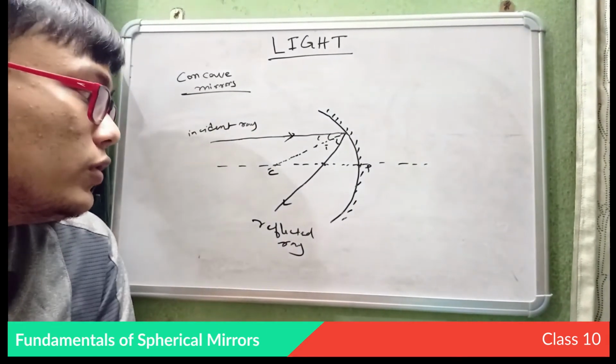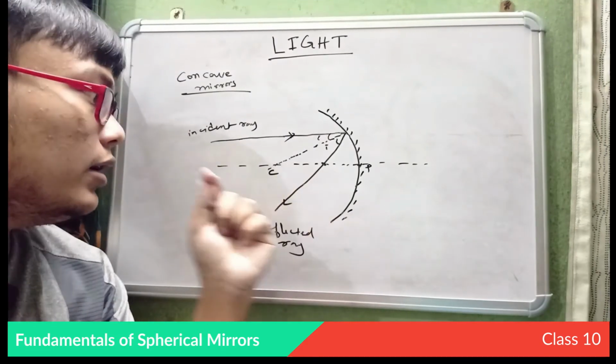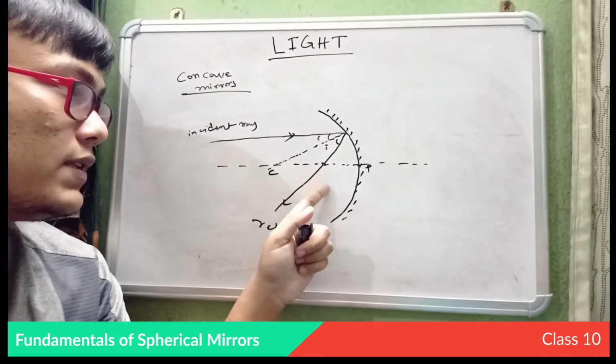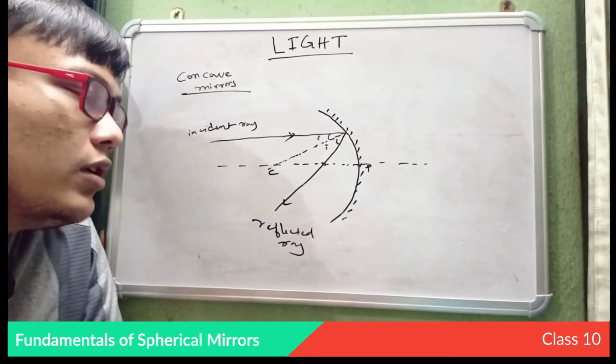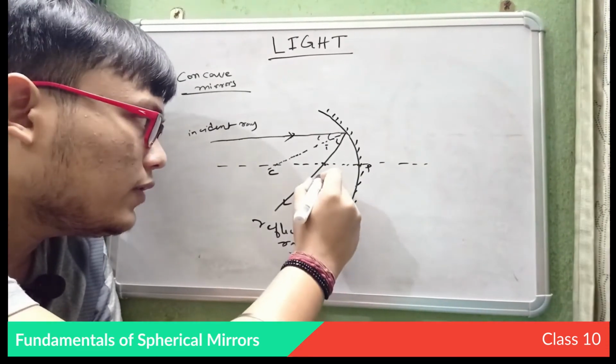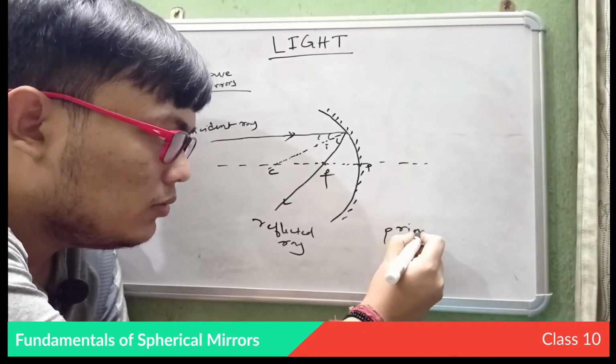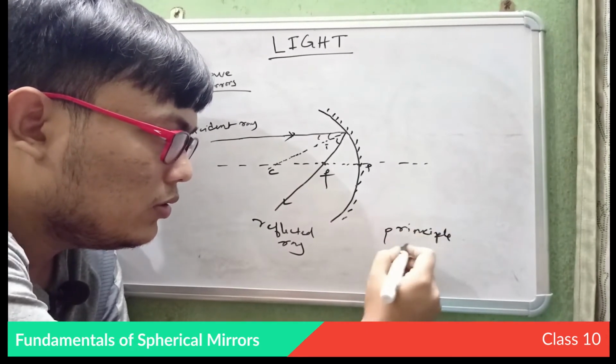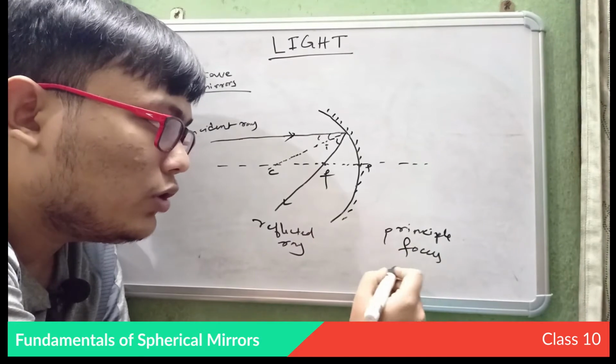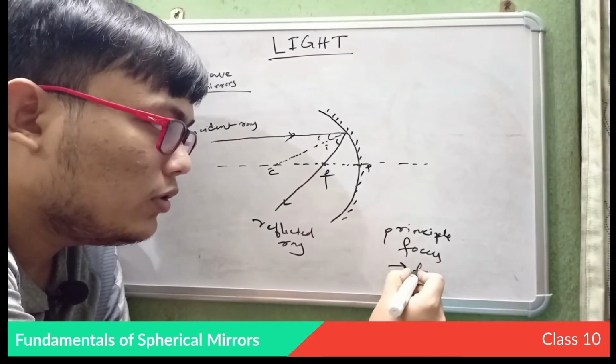Okay, so this point where the reflected ray passes through the principal axis, this point is known as the focus or the principal focus, denoted by the letter F.